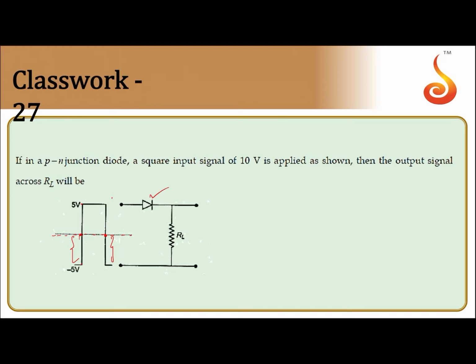when it is supplied to the diode, then for the upper half of the square wave it will be forward biased. For the lower half it will be reverse biased, because it is negative voltage. So only the upper half will be transmitted.